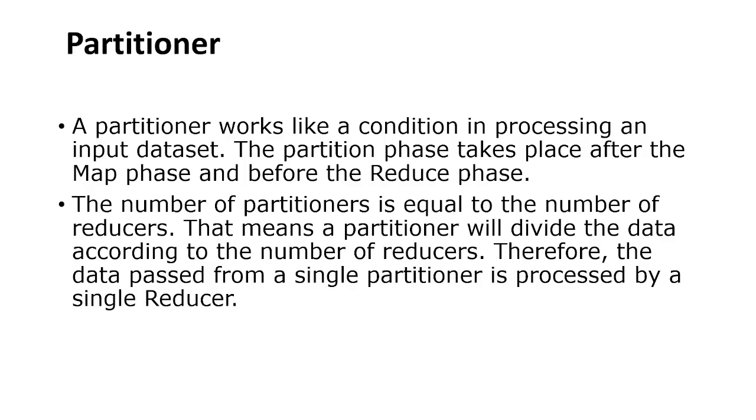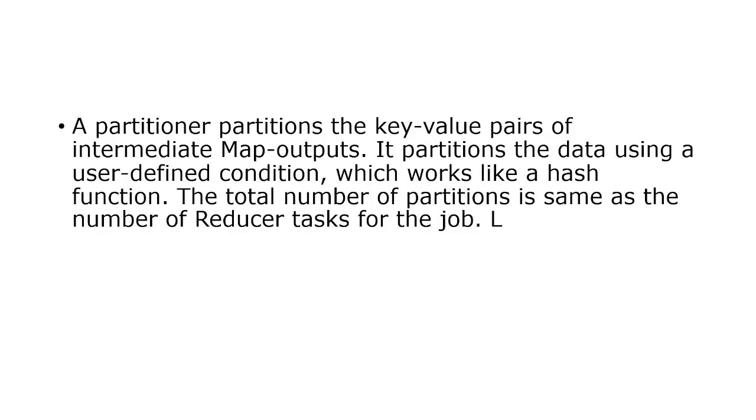The random forest algorithm combines like data based on certain conditions, and the partitioner works in a similar way. The partitioner will divide the data according to the number of reducers, so the number of reducers is fixed based on how the partitioner works. The partitioner works on the intermediate map outputs. Before entering the reducer, it partitions the data after the combiner, which gives the reduced input to the partitioner. The total number of partitions is the same as the number of reducer tasks for the job.